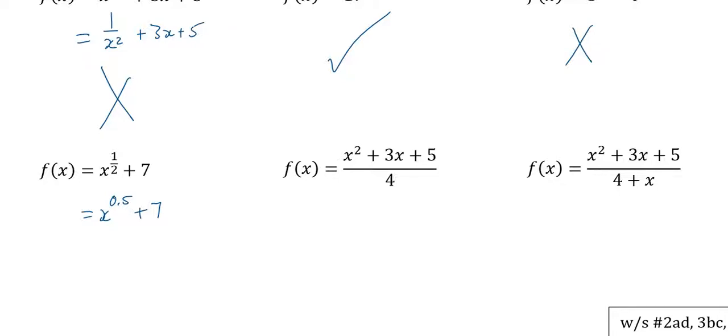This is hard, isn't it? And then the last one is not, it's rational. When you have x in the denominator, that's a negative exponent on the x. This is written to not look like a polynomial, but it is. This is the type that's actually not a polynomial.